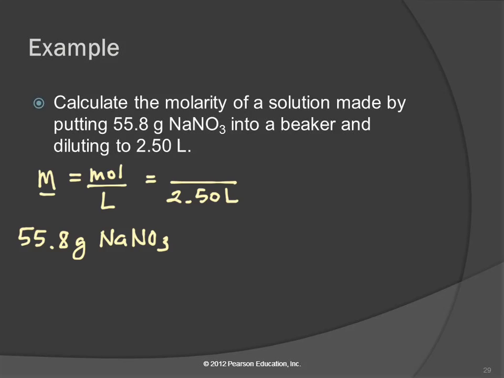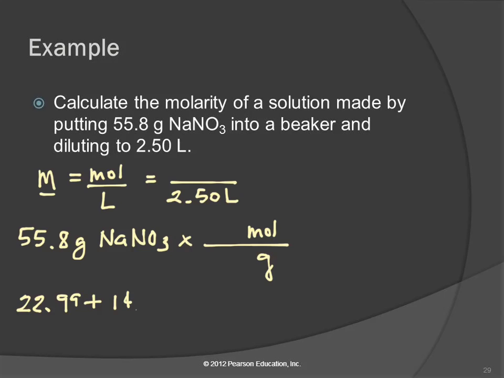Converting between grams and moles should be old hat by now. Like driving home, you just know how to go there. You don't really have to think about it anymore. We can take this mass and convert to moles. We multiply by moles, divide by grams, and then we need to calculate a molar mass. Sodium is 22.99.